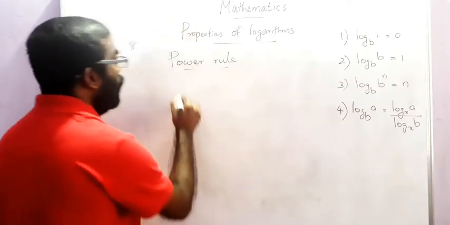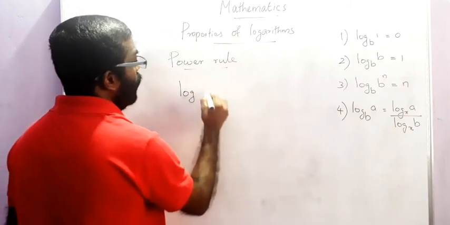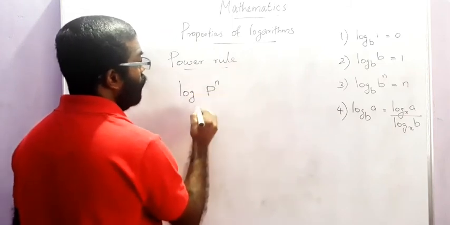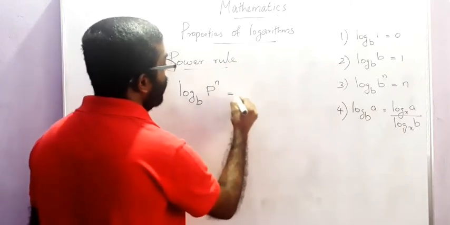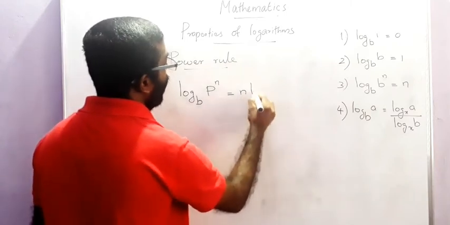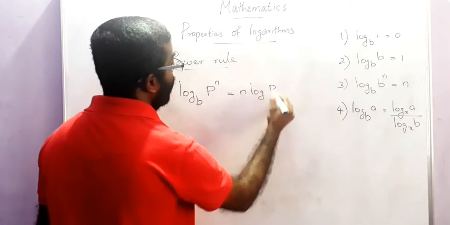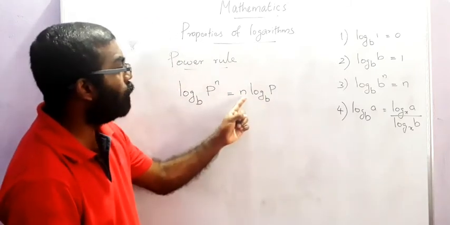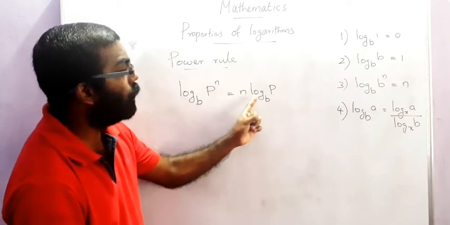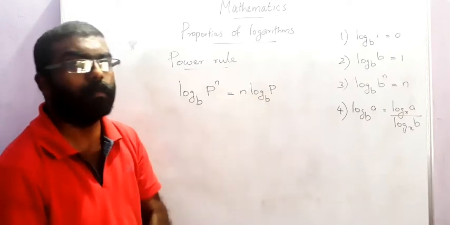And next one is the power rule. That is, logarithm of p raised to n to the base b is equal to n log p, keeping the same base b. The power n we write first, n into log p to the base b.